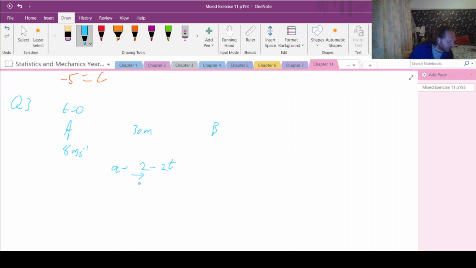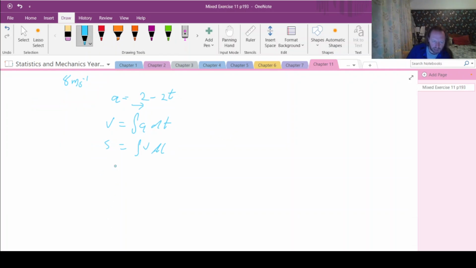So if we have acceleration in terms of t, velocity is equal to the integral of the acceleration, and then displacement is equal to the integral of velocity. So basically we need to integrate twice.